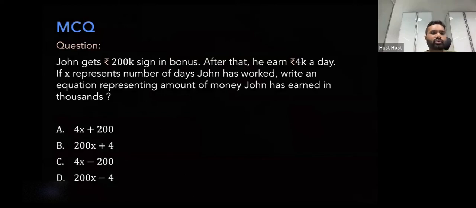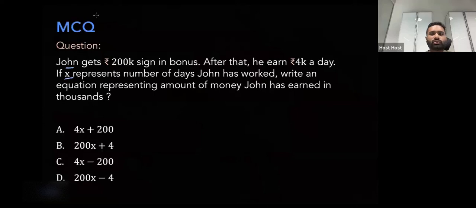So consider this problem. There is a person called John, who is having 2 lakh rupees sign-in bonus, and then he is earning 4,000 every day. Now, X represents the number of days John has worked. Write an equation representing the amount of money John has earned in thousands.